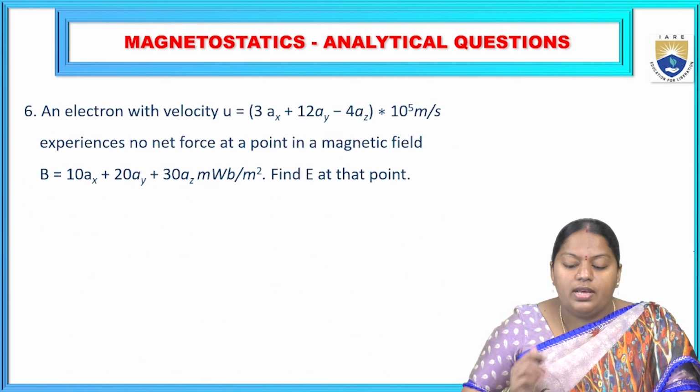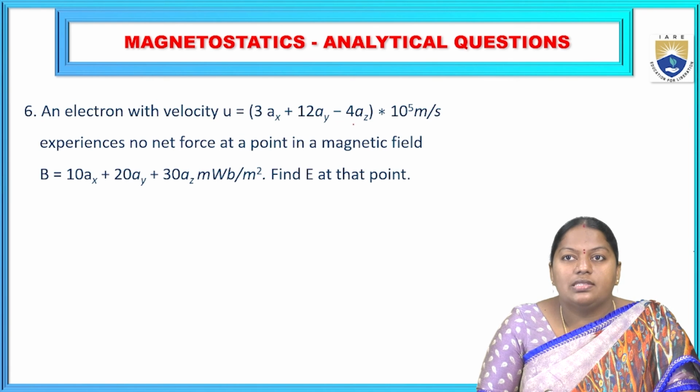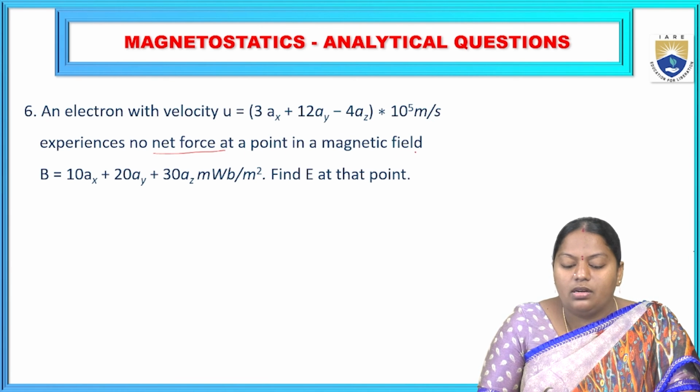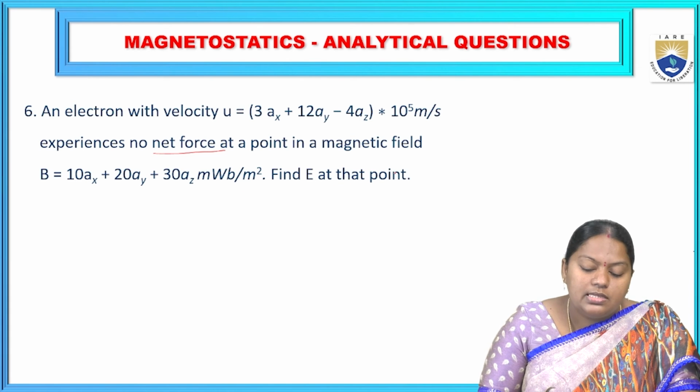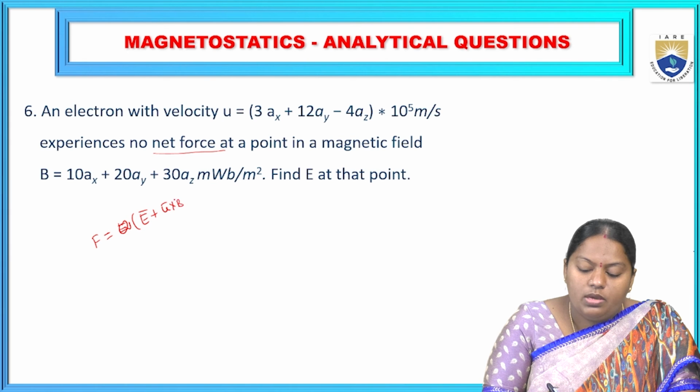Next, an electron with velocity u given as 3ax plus 12ay minus 4az into 10 power 5 meters per second experiences no net force at a particular point in a magnetic field B, which is given. Find E at that point. In this case, we need to go for the Lorentz force equation: F is equal to Q into E bar plus u bar cross B bar.